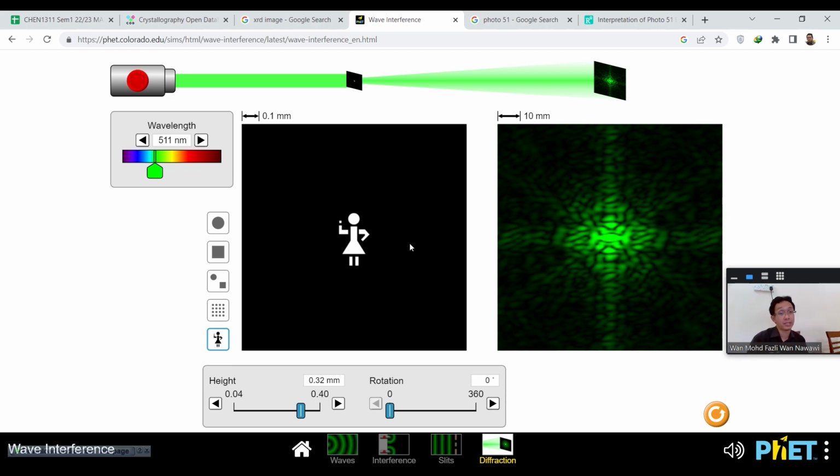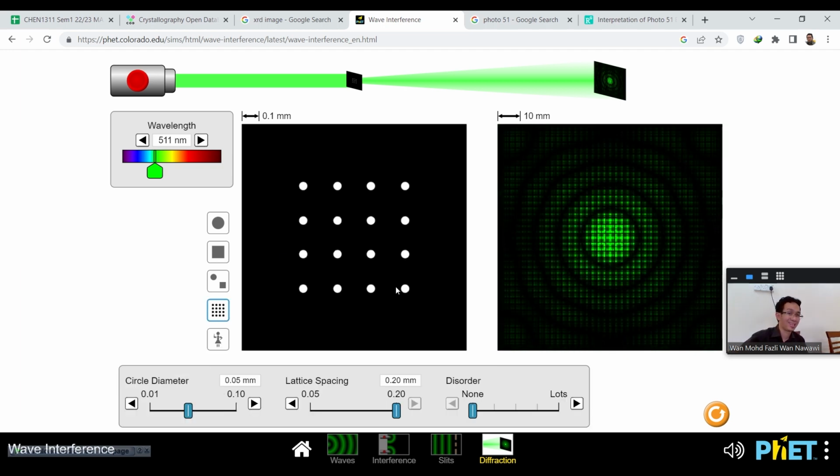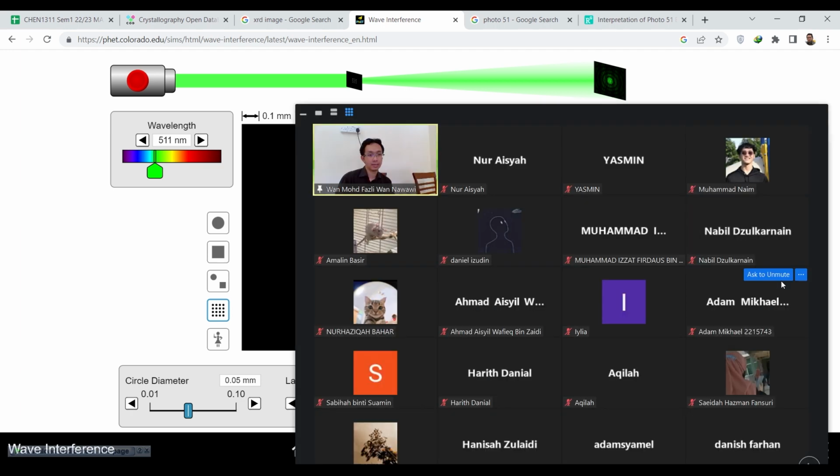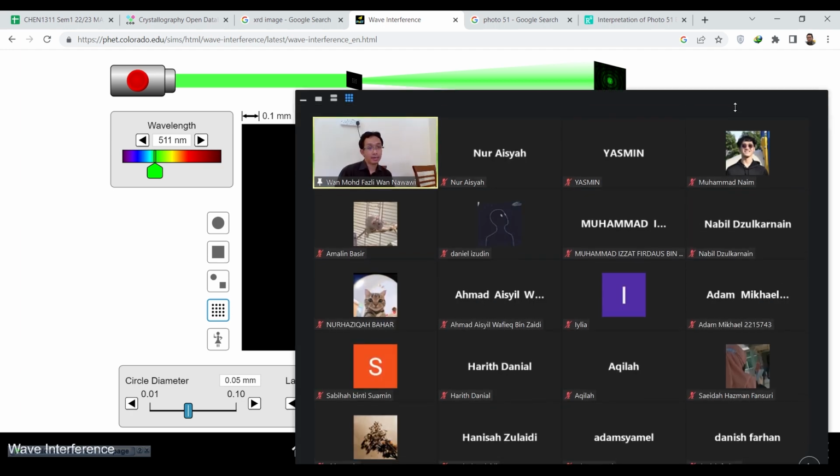So you can see what XRD gives you. It's so difficult to understand, and you cannot really work on it. That's the reason why XRD is only useful if you have something that is repeated like this, so you can find the distances and so on. I think that's it for today.